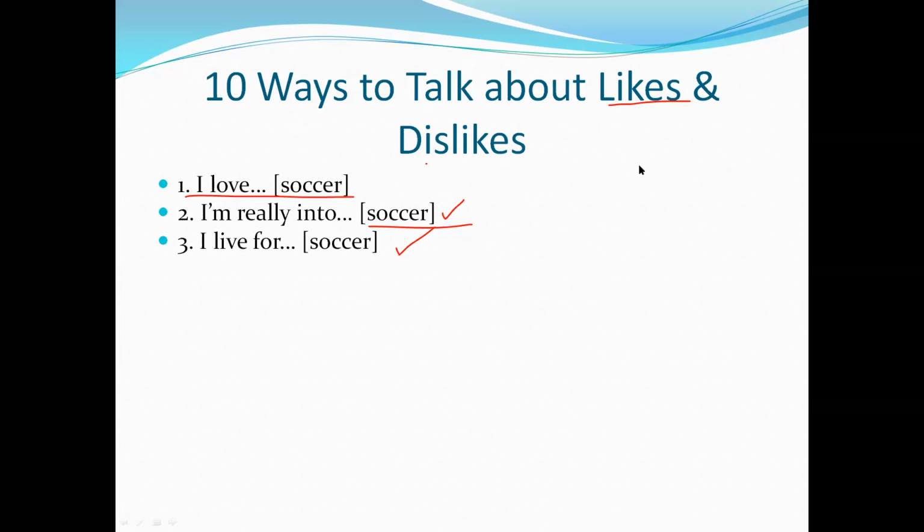And here it is not just liking, it is very much that you like. So "I live for" means you're ready to spend your entire life for that activity. So in that case you can say "I live for football." This way also you can say that this is your like.